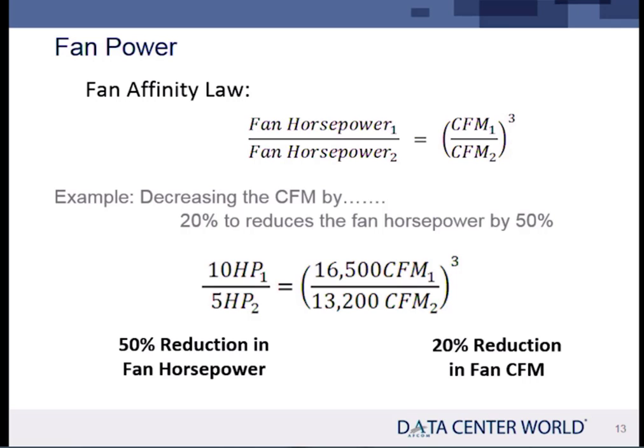One, my return air temps go up, which is good for the heat exchanger and good for the heat rejection system and improves the efficiency of it. Number two, the amount of energy required to drive the fans in the room drops by a cubic relationship. Well-known, understood fan law relationship here. So if you reduce the fans by 20%, you reduce the energy that's required by 50%. Wow, that's a big hit.